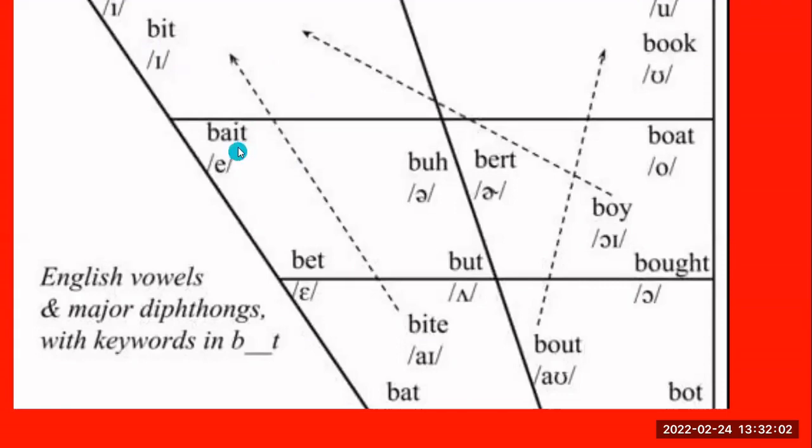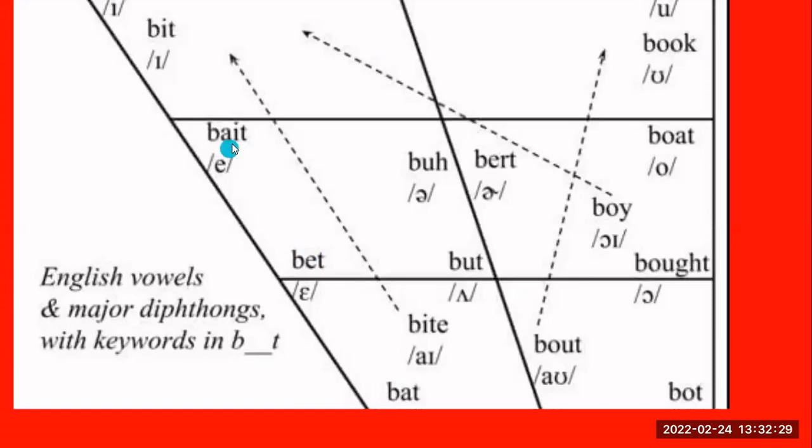Of course, you have the short E sound in bit, B-I-T, you have the longer one in beat, all right? Beat. Then you have the short air sound, you have bet, then you have bed, as in bed, the bed of someone.